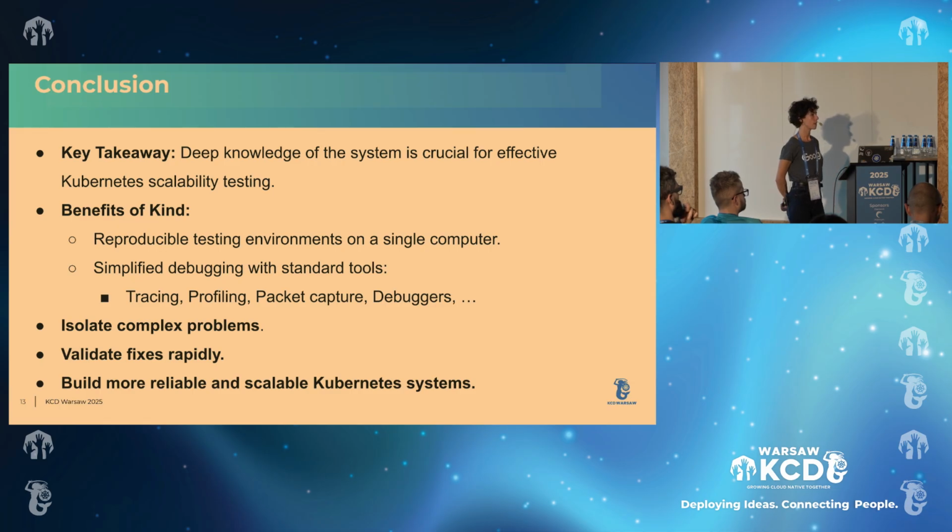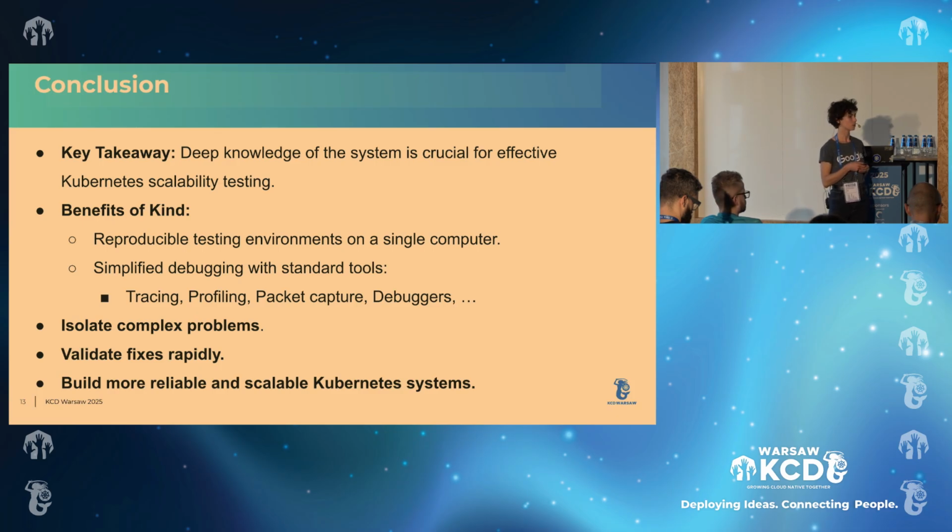How we can achieve that is by investing in our scale tests. We need to deep dive into the problem that we want to solve, and we should go with simplicity. And Kind is a good tool because it is simple and it allows us to isolate the problem and emulate other, let's say, components.